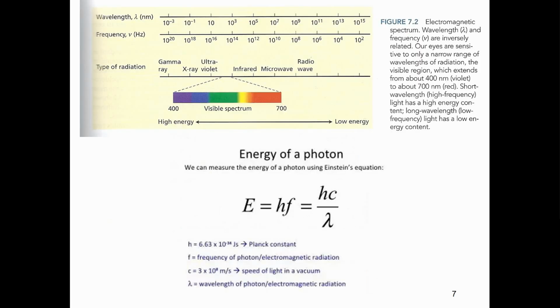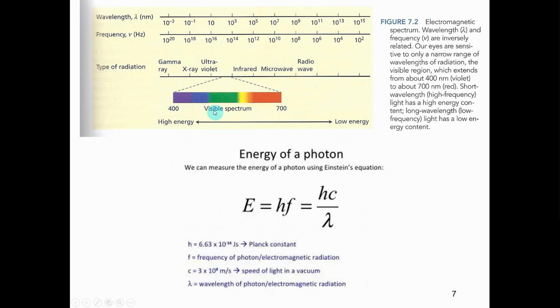All right, so we have to understand the spectrum, this visible spectrum, and this type of radiation in general. I don't care too much about this, but this electromagnetic spectrum, this section here is very important, from 400 nanometers to 700 nanometers.